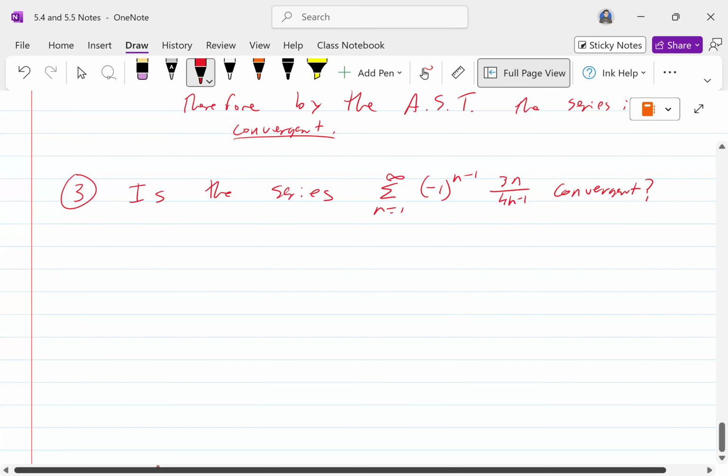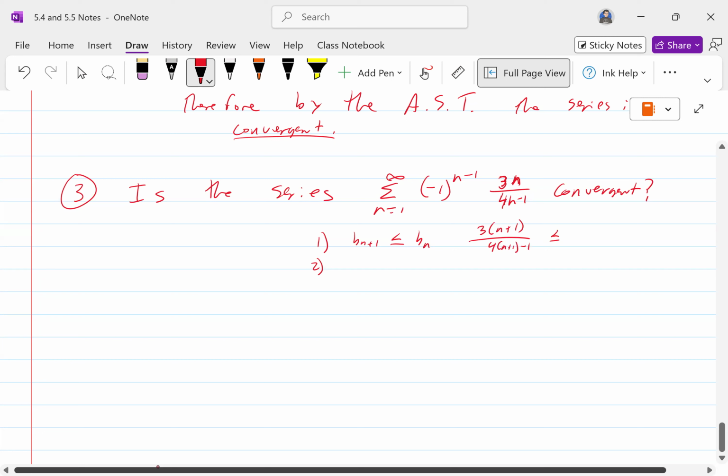Okay, now we can go through the long process of doing this or the short process. Okay, we know that we need two criteria, right? We need to know that these terms are always smaller. I would need to know that b sub n plus 1, 3 times (n plus 1) over 4 times (n plus 1) minus 1, is less than or equal to b sub n.